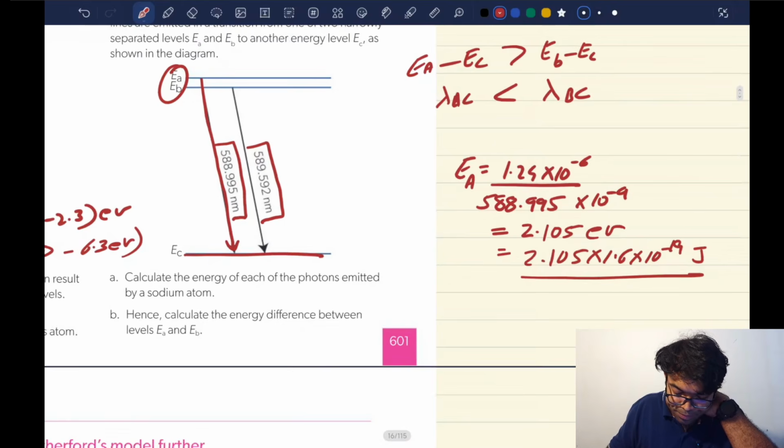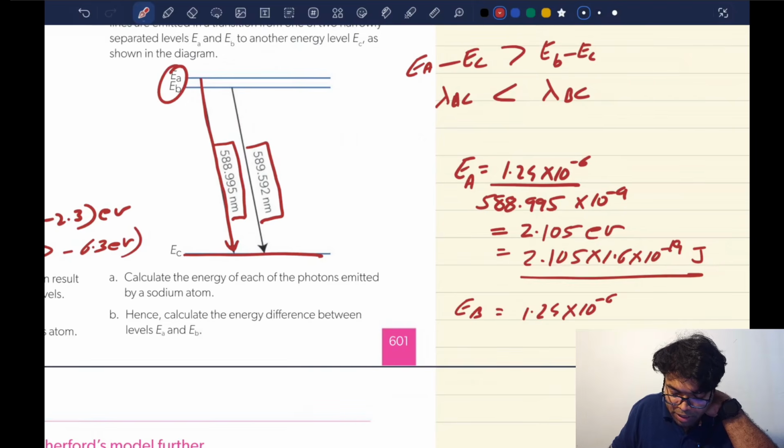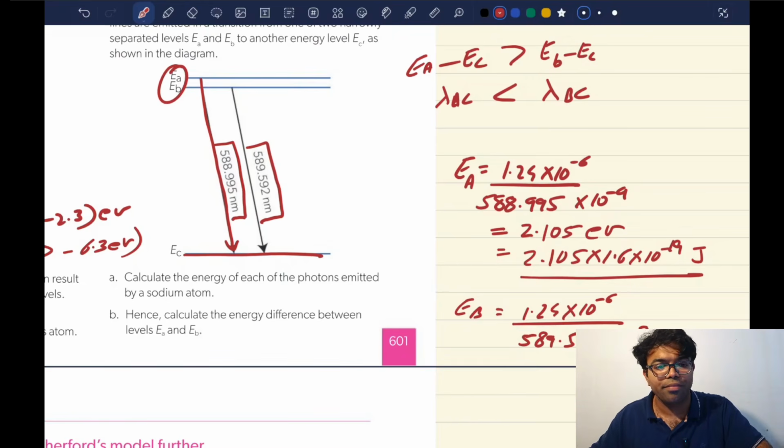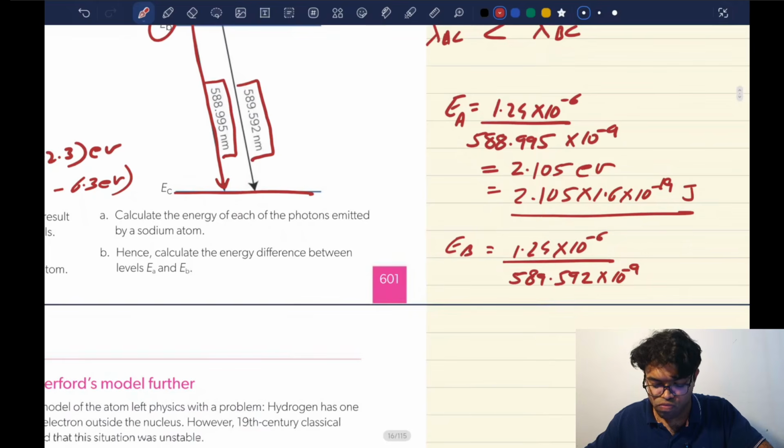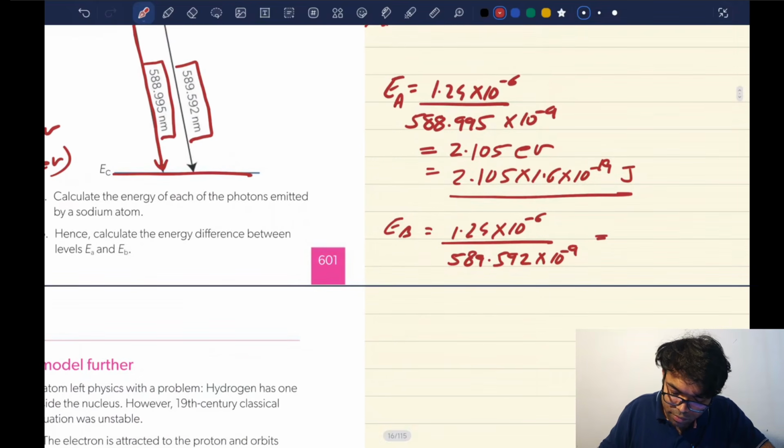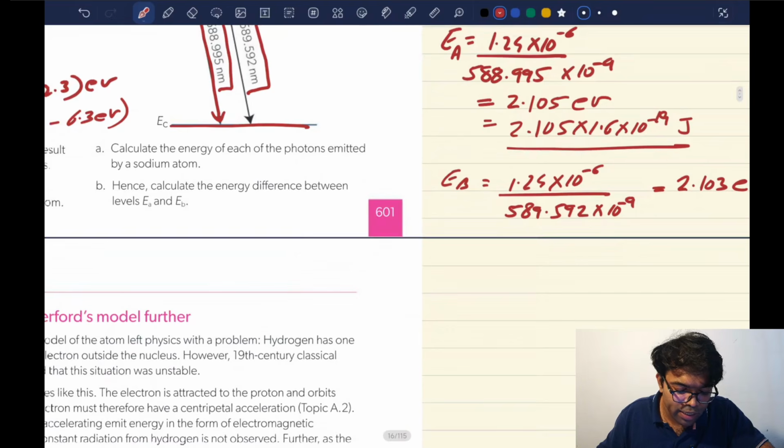What about EB? Again, 1.24 into 10 to the power minus 6 upon 589.592 into 10 to the power minus 9. What do you get? 2.103 electron volts. Correct? Now, calculate the energy difference between energy levels EA and EB.